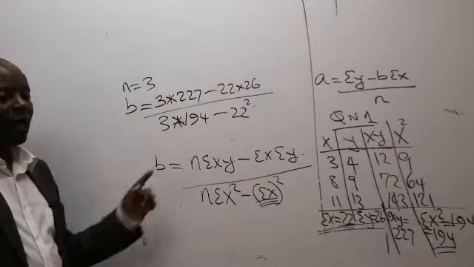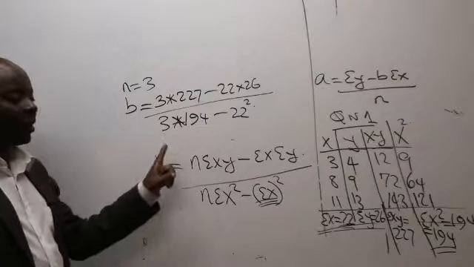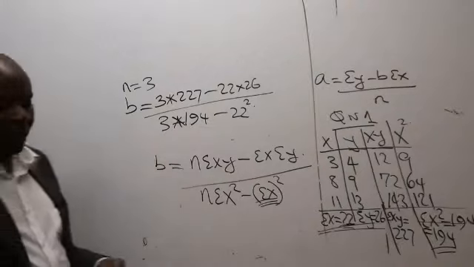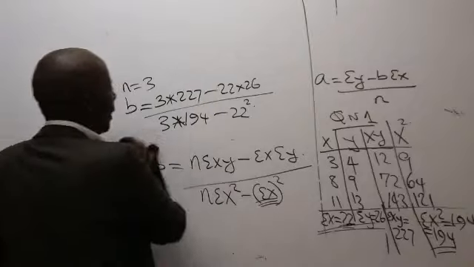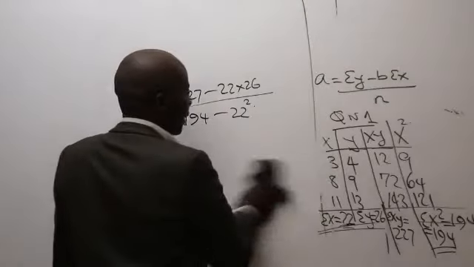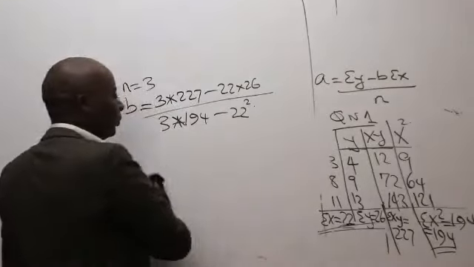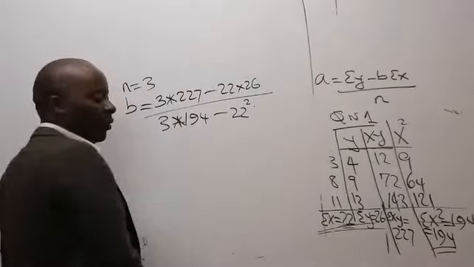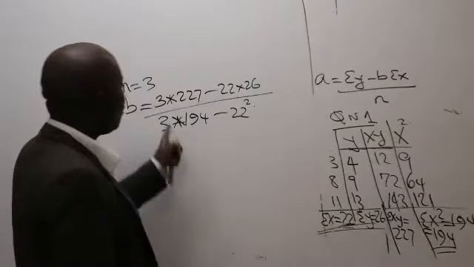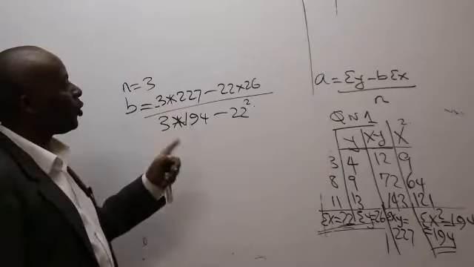Please go ahead and give me the numerator value. For the numerator I do 3 times 227 minus 22 times 26.